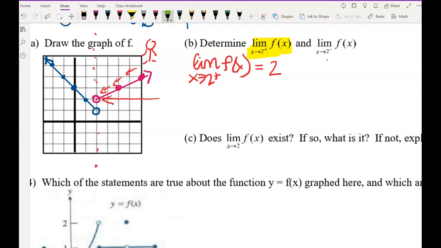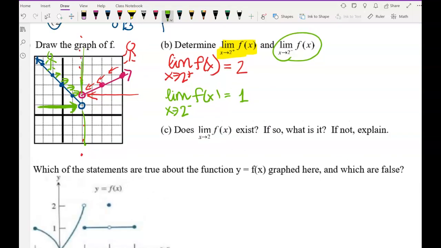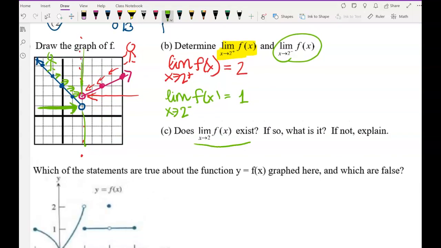Now, the second half says, find the left-hand limit. The limit as x is approaching 2 from the left side. Remember, 2 is still right here. So I'm standing on the left side of 2, walking closer and closer. As I'm walking closer, the y value coming from the left is approaching 1. Based on that definition, students, does the limit exist at 2?